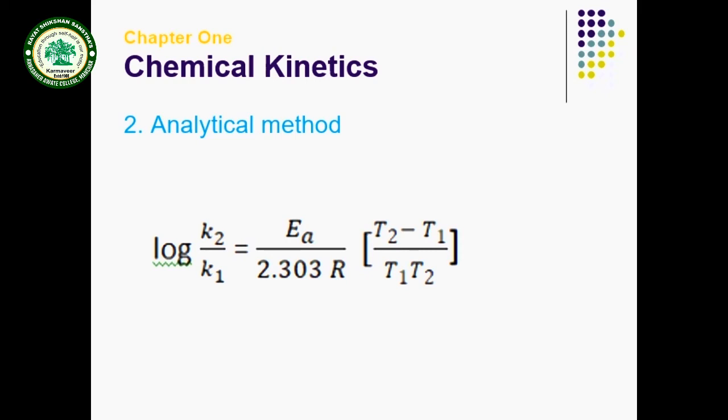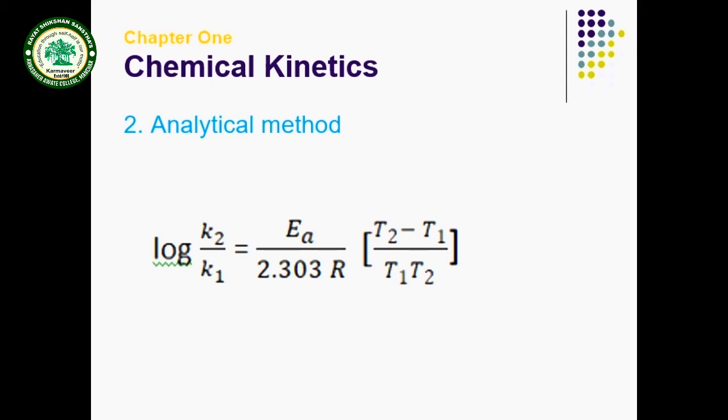And by evaluating the values of K1 at the lower temperature and K2 at the higher temperature, we obtain the values of K1 and K2 from the experimental sets. We know T1 and T2. We know the universal gas constant.